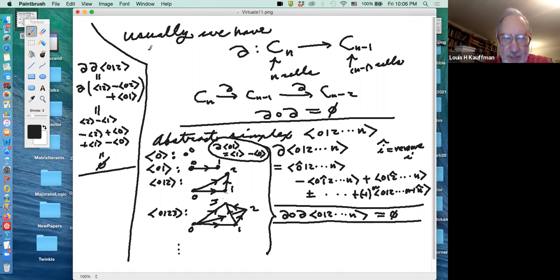Now for homology. The nth homology of C is by definition the kernel of the boundary from Cn to Cn minus 1 divided by the image of the boundary from Cn plus 1 to Cn.